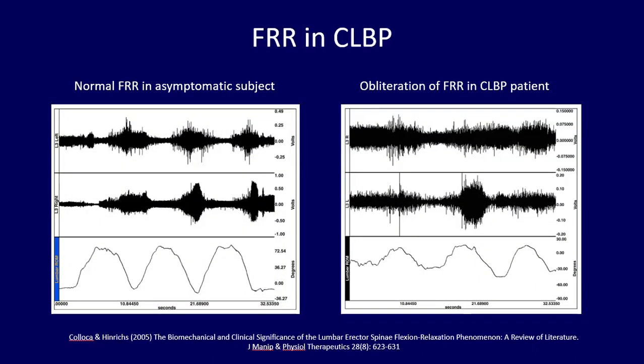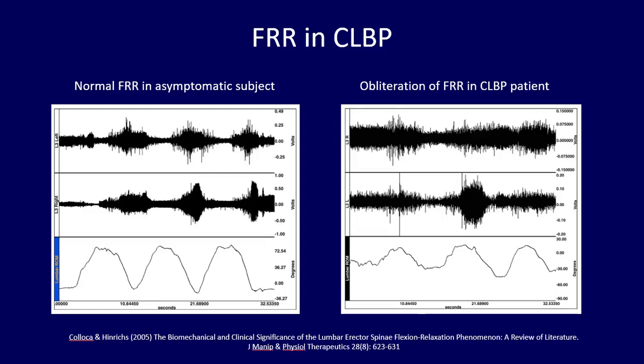This normal activity of the flexion relaxation response is impaired in individuals with chronic low back pain. And in this tracing from Kolaka and Hendricks 2005, we can see on the left the normal flexion relaxation response as the subject moves into flexion.